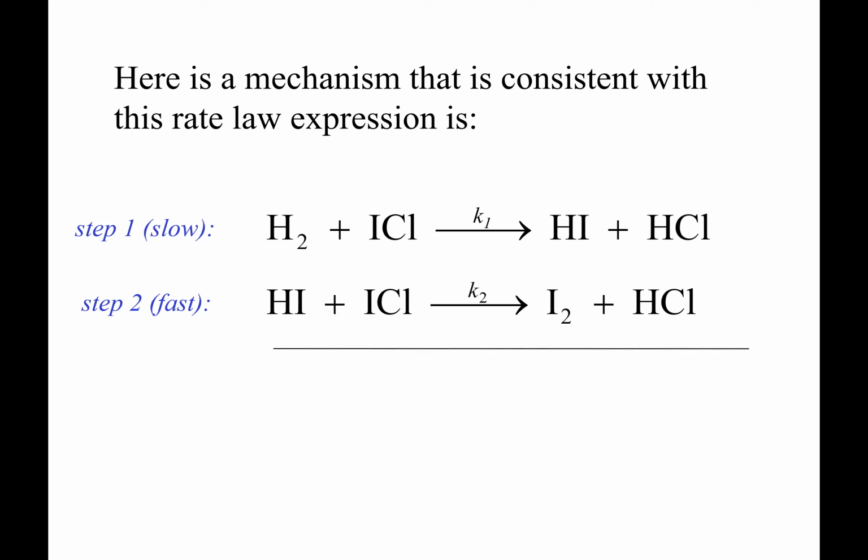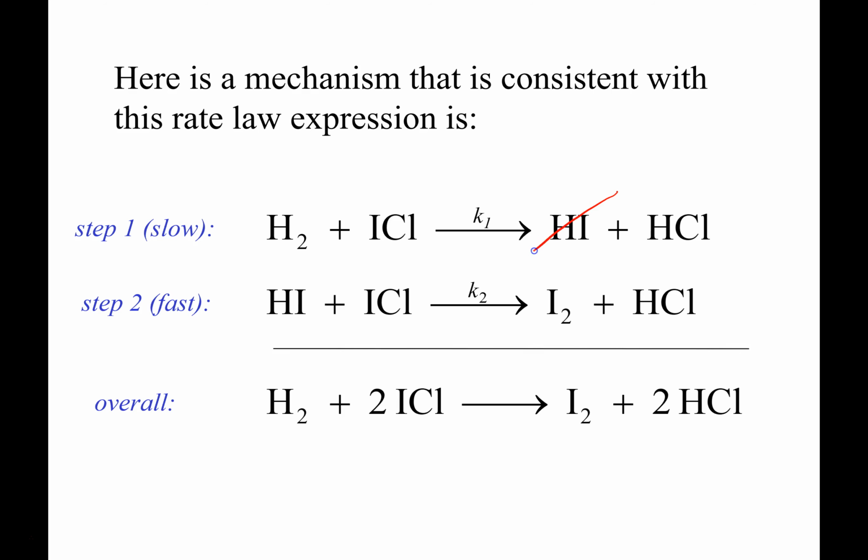Now if I draw a line and I add them together, I come up with this. Okay, so I had 2 ICls, 1 H2, and the HIs, you can see I've gone ahead and canceled them. That is an intermediate.